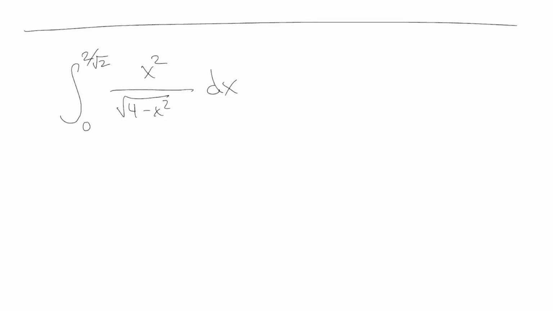But everybody got it started off well, at least. The appropriate substitution is x equals 2 sine theta, and then dx is 2 cosine theta d theta. I'm going to start by translating the boundary values, and for this you need a fairly good recall of your basic trigonometry facts.